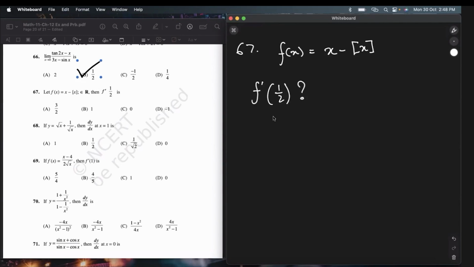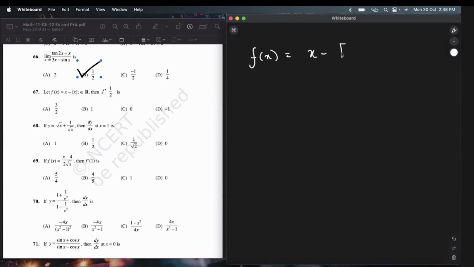Now, what can we do for this? Basically, what do I have? I have my f(x), and let's just write it again. This is the question's part. Alright, so f(x) has been given to me, which is nothing but x minus GIF of x.